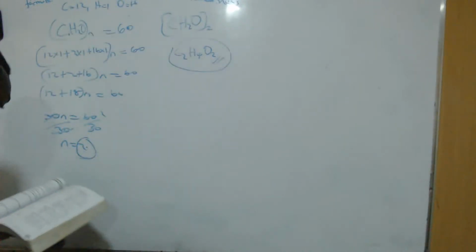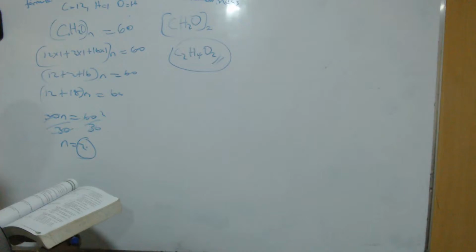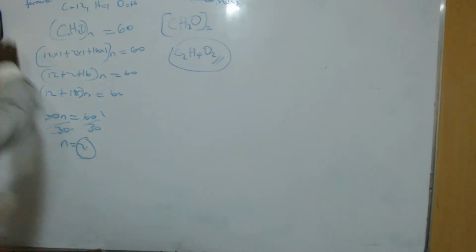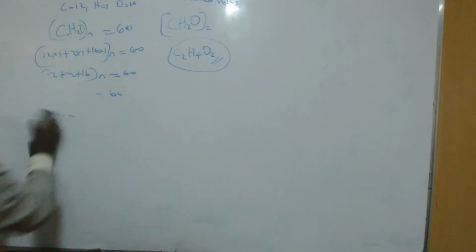Now, mind you, the empirical formula here, the number of this here is 2. This is the empirical formula. Okay, very good. I think a very good question that will just clear our minds on something.